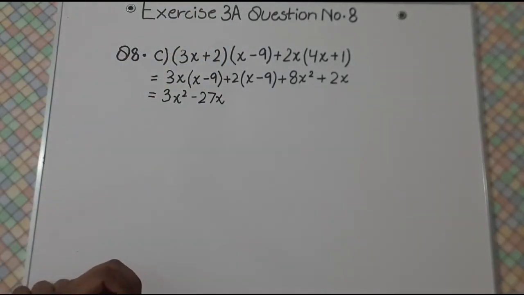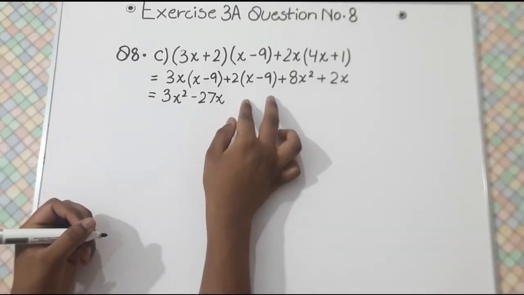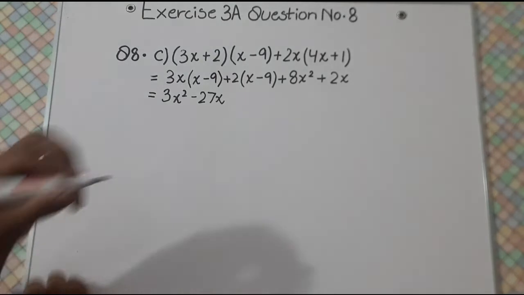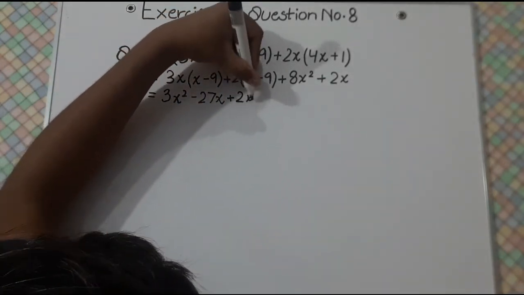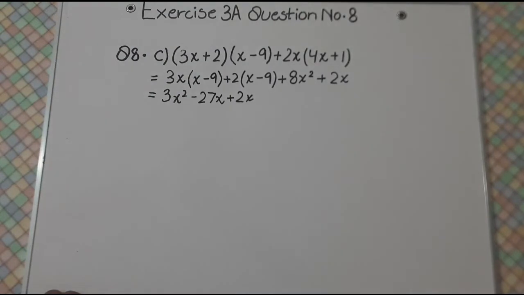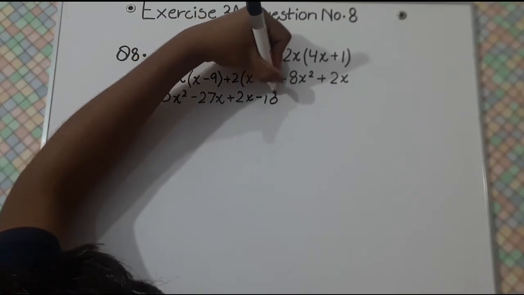Then we are having plus 2 and we are going to multiply this 2 with this whole bracket. So 2 multiplied by x would be plus 2x, and then 2 multiplied by 9 would be 18, minus 18.